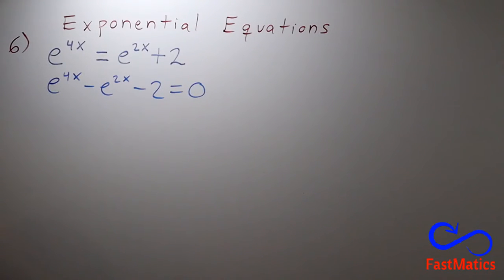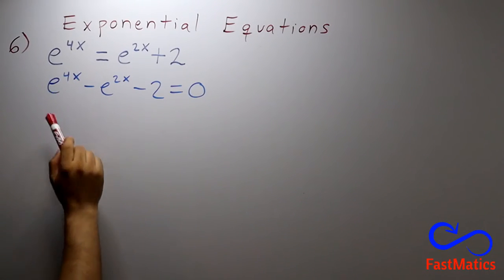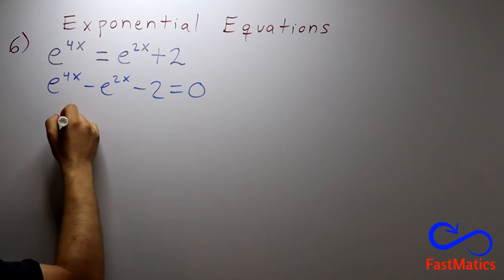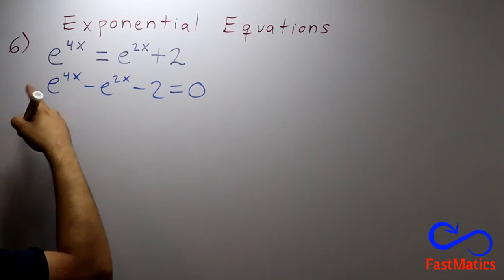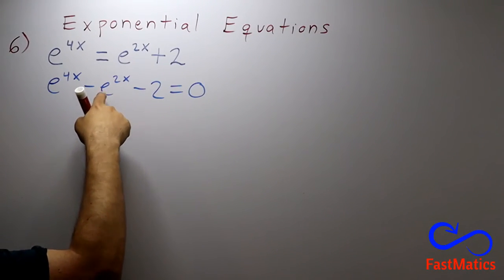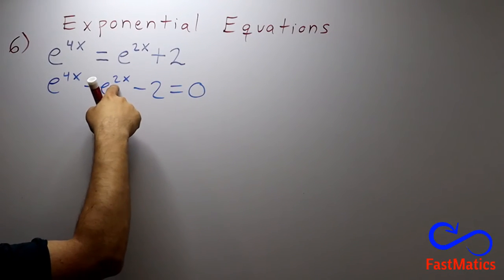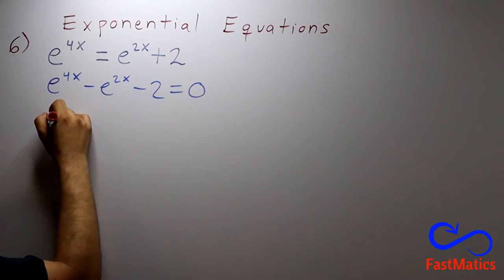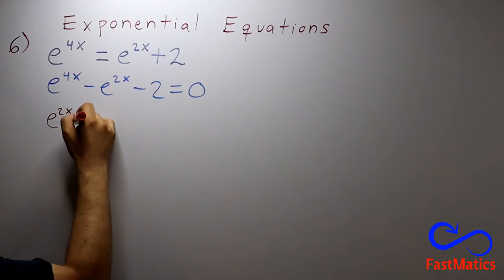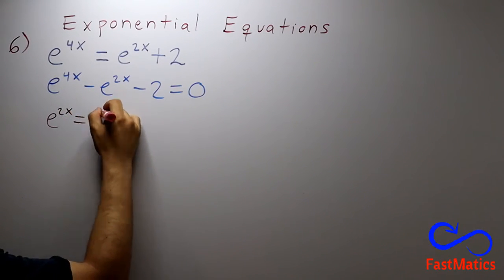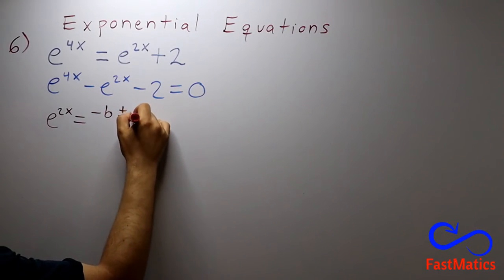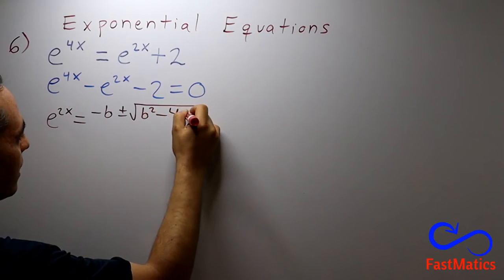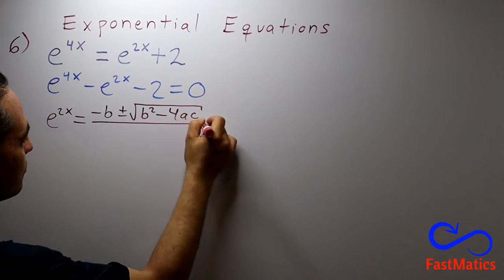But pay attention please, because if I have x squared and here x, you write x is equal to etc. But here, instead of x, we have e raised to the power of 2x. Then we are going to write e to the power of 2x is equal to negative b, positive negative, the square root of b squared minus 4ac and everything divided by 2a.